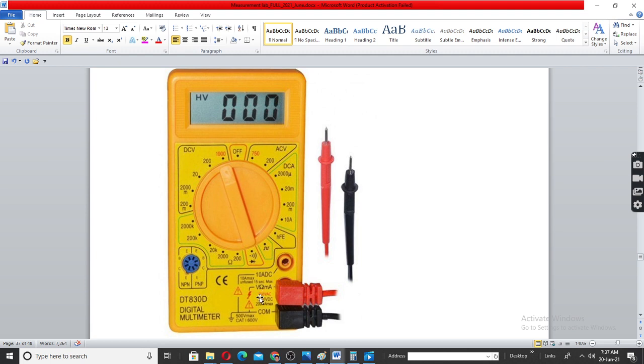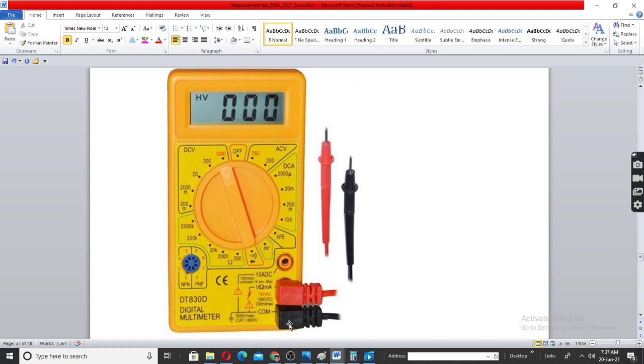This holds for voltage, ohms, or up to milliampere current range. Wherever the switch is placed, black should always be here and red should be here.